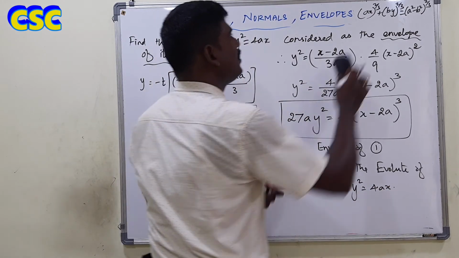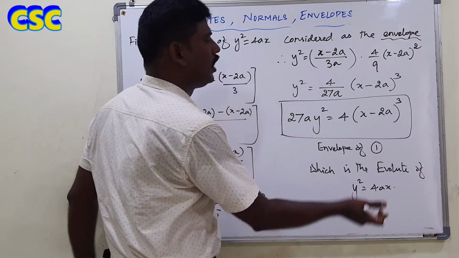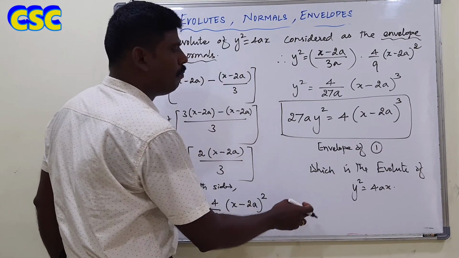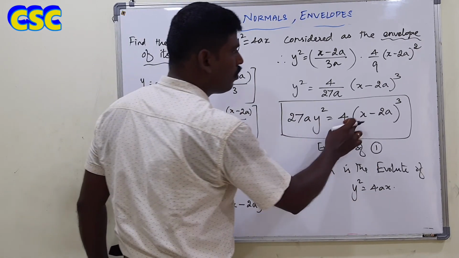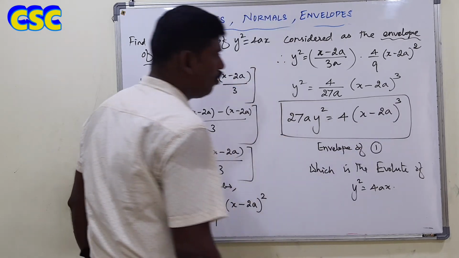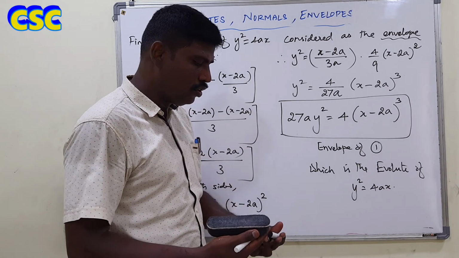Sorry, this is not the evolute yet. So go to the previous problem. By finding the evolute of the given curve, you will get the same result: 27a y square equal to 4a into (x minus 2a) the whole cube. You will get the same result as the evolute of y square is equal to 4x.